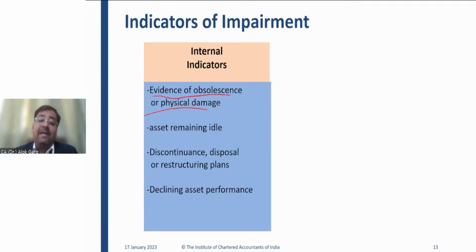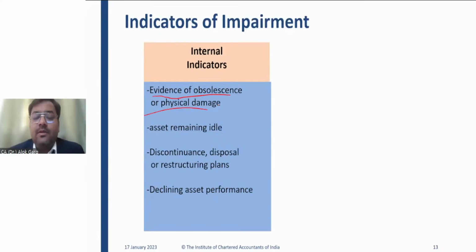When the car met with an accident, whether the value of the car will go down or not? Although you will get the door replaced, you will get the engine replaced, and you will incur a lot of expenses, the value of the car will go down. Of course, it will go down. The value of the accidental car is of course less.